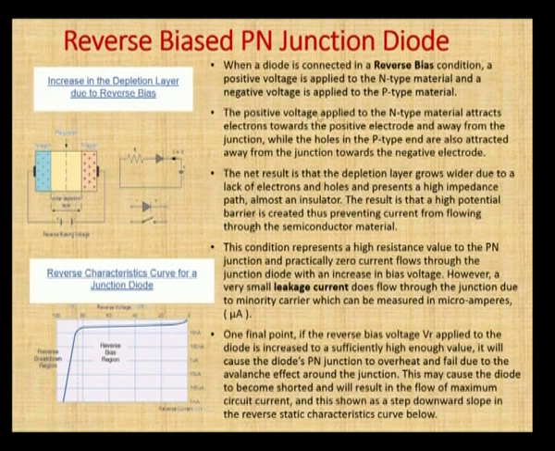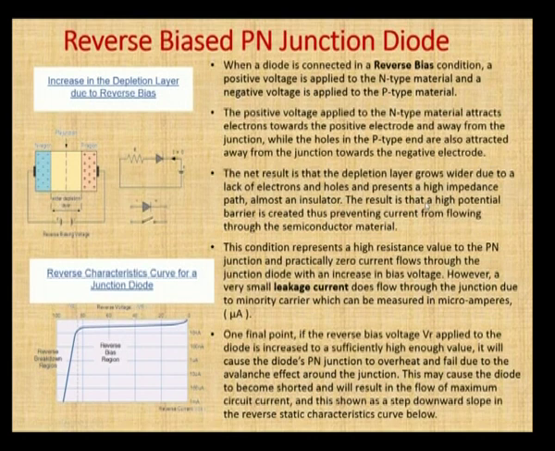The positive terminal applied to the N type material attracts the electrons towards the positive electrode, since unlike poles attract each other. So the N type material, having electrons as majority carriers, is attracted by the positive terminal of the external voltage, and likewise the holes, the majority carriers in the P type, are attracted towards the negative terminal of the external voltage.